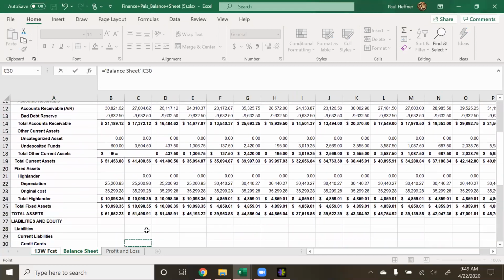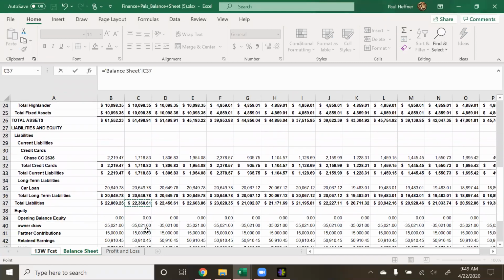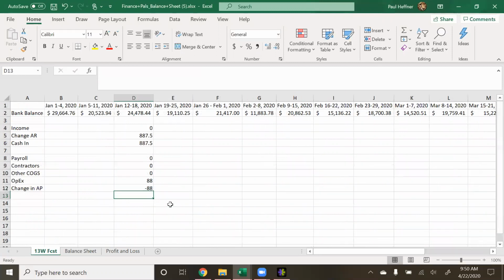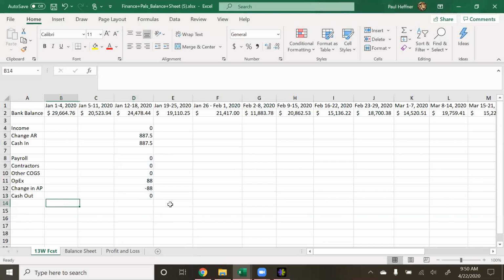So then we'll do our total liabilities. Okay, and then cash out. And then cash.